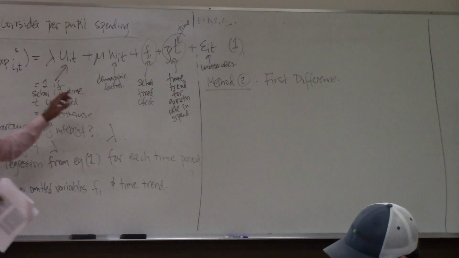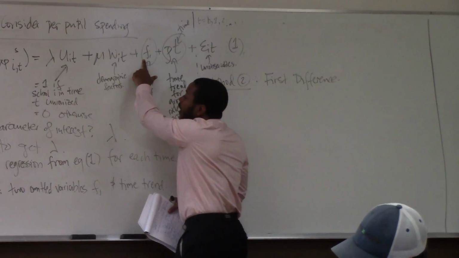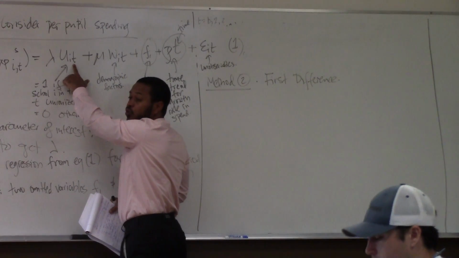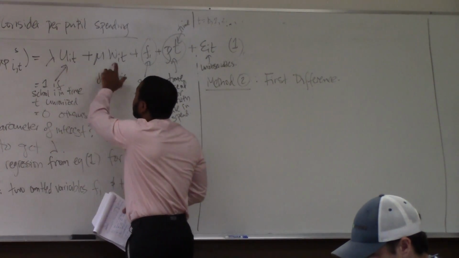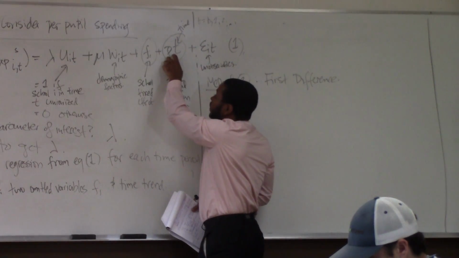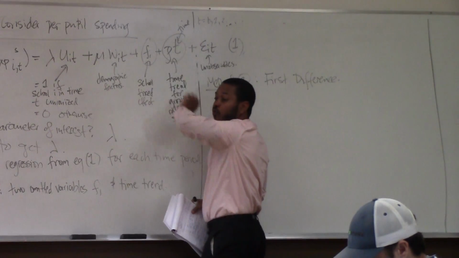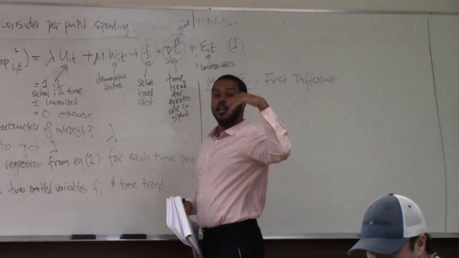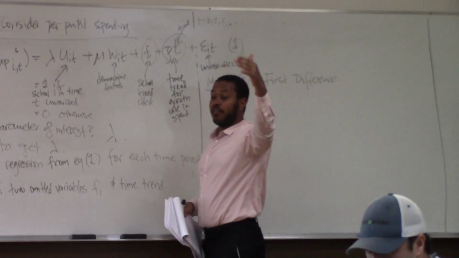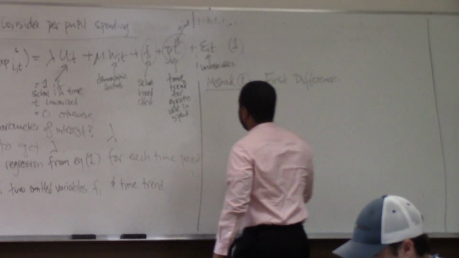And what's going to happen is we're going to subtract out this fixed effect. Does that make sense? And then we'll get the changes in unionization between those time periods, the changes in the demographics, plus no more fixed effect. And then we just get this rho term here from the time frame. Because over that time period, we're going to get an increase of spending by a factor of rho. Does that make sense? Okay, so the first difference.